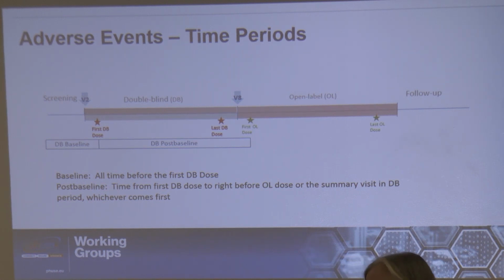Part of these recommendations are based on trying not to end up with gaps. If you stop at the end of the treatment period at that visit, you could have time between then and getting open label dose, and you could have an event in there that could get missed. So a lot of these are trying to avoid any kind of gap, so that all your events are at least part of a reasonable summary.